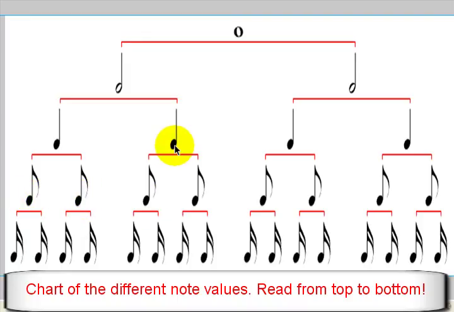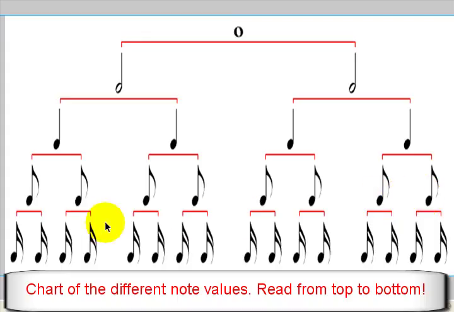So you can see the same thing is going on here and here and here. So we can say that these 4 quarter notes make up these 8 eighth notes. As you can see, there are 8 altogether: 1, 2, 3, 4, 5, 6, 7, and 8.